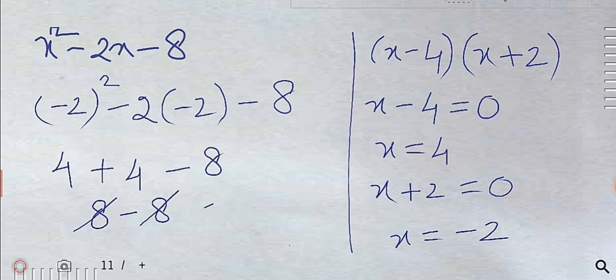After cancellation we got 0. So by observing we can say that x equal to 4 and x equal to minus 2 are zeros of the given quadratic polynomial. They asked to find the zeros of the given quadratic polynomial and verify the relationship with the coefficients.